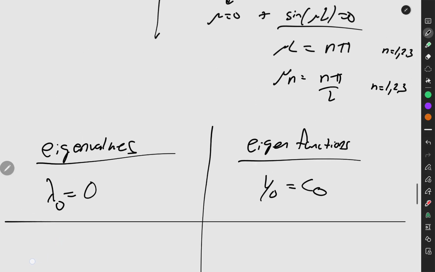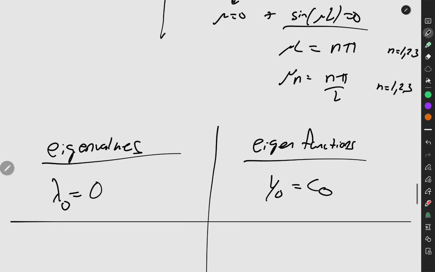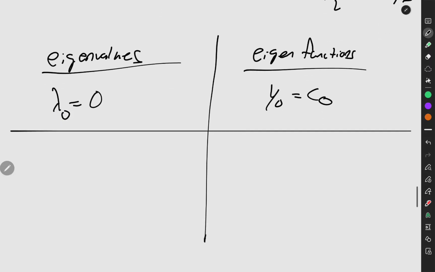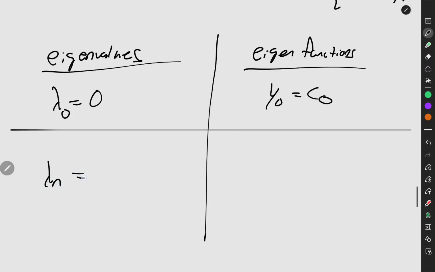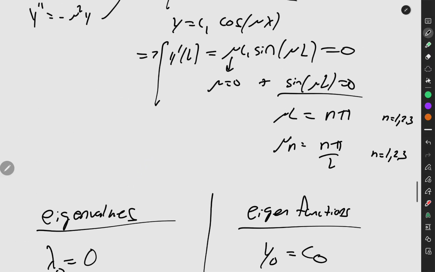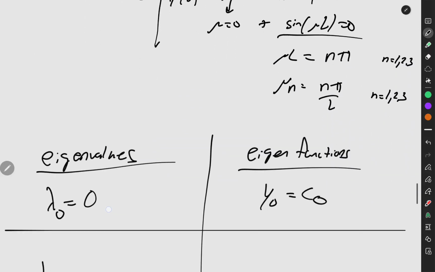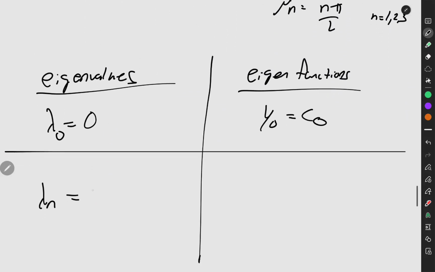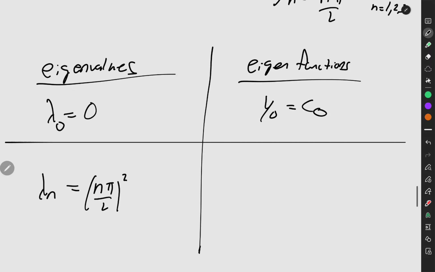This 0 just shows what happens at 0. And then after 0, we have lambda sub n occurring, which is squared, so let me just write it like this. You could just square every term there, like n squared pi squared over L squared, you could write it like that too.